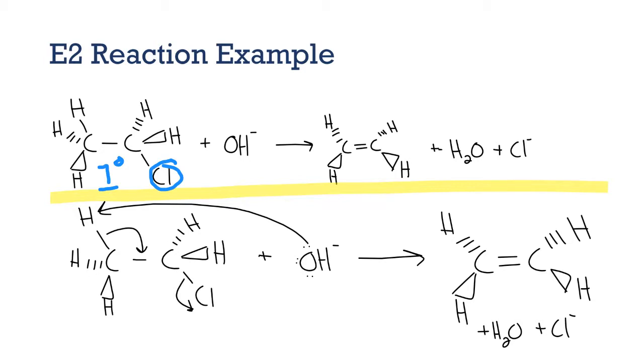In E2 reactions, it is a requirement that your leaving group and your beta hydrogen are anti-coplanar, which means they're in the same plane, but opposite each other. And this is already anti-coplanar, so we can go ahead and proceed with the reaction.